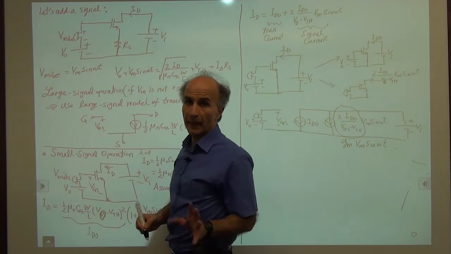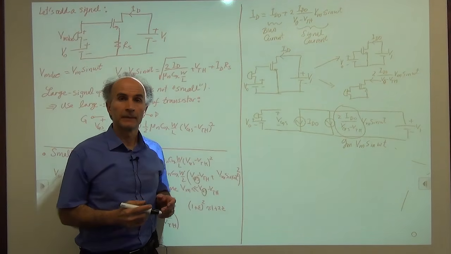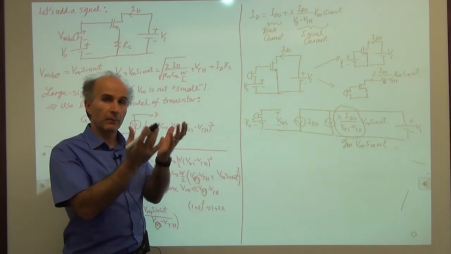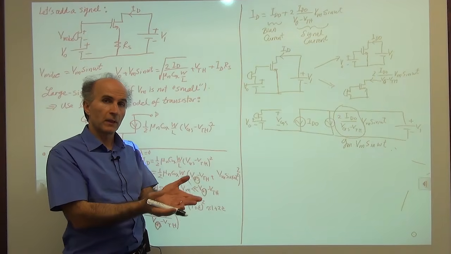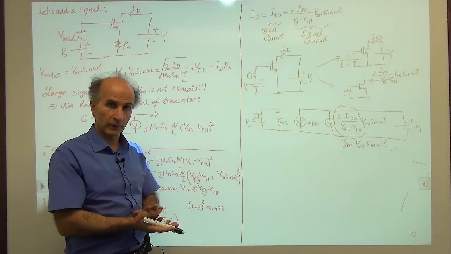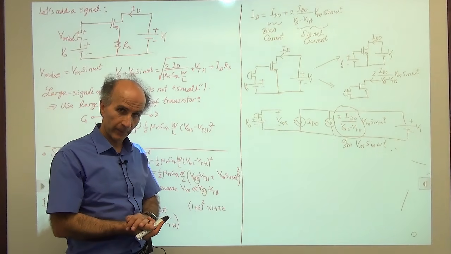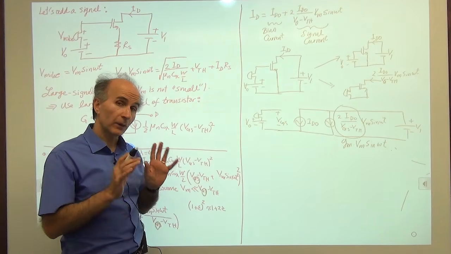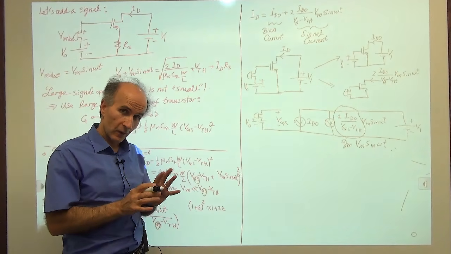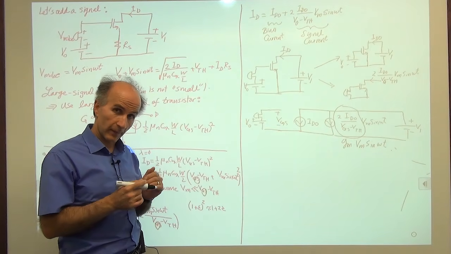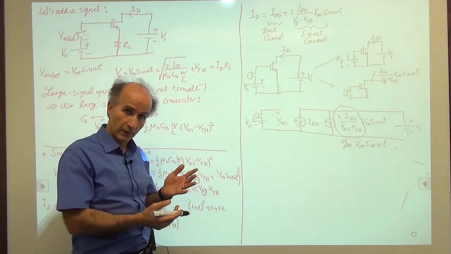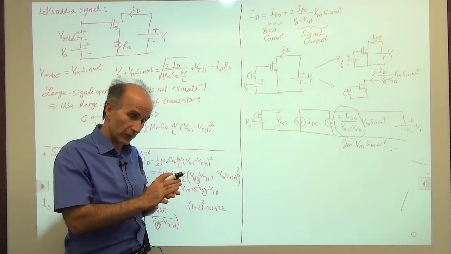All right, so let's take a step back and see what happened here. We have a bias voltage between gate and source that gave us a certain bias current because the device is presumably in saturation. Then on top of that, we came in with a signal. We had a signal voltage applied to the gate-source on top of that bias voltage, right?